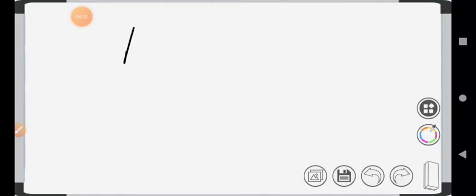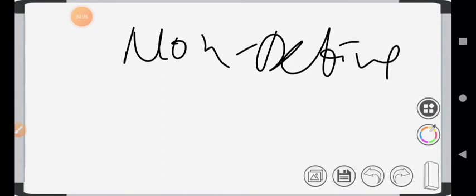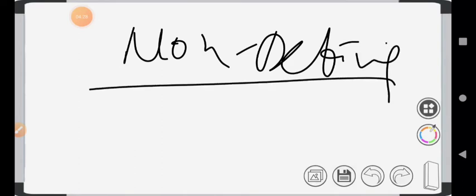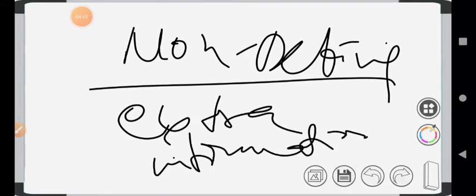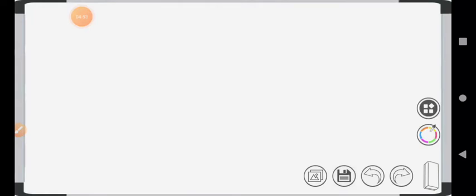Now we are going to explain the non-defining relative clause. What is the non-defining relative clause? It is also called a non-restrictive or non-essential relative clause. It gives us extra information about someone or something.